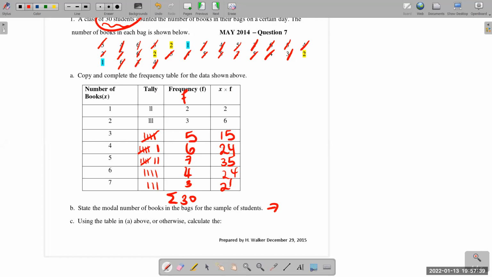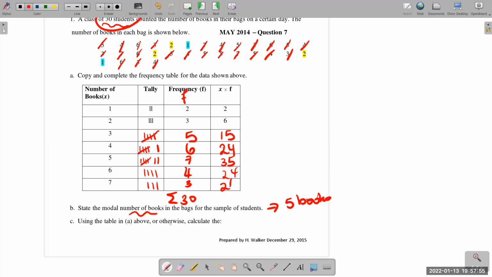Remember the units. If you can tell me 5, 5 what? They always ask you the number of books, so you have to say 5 books. Excellent job.